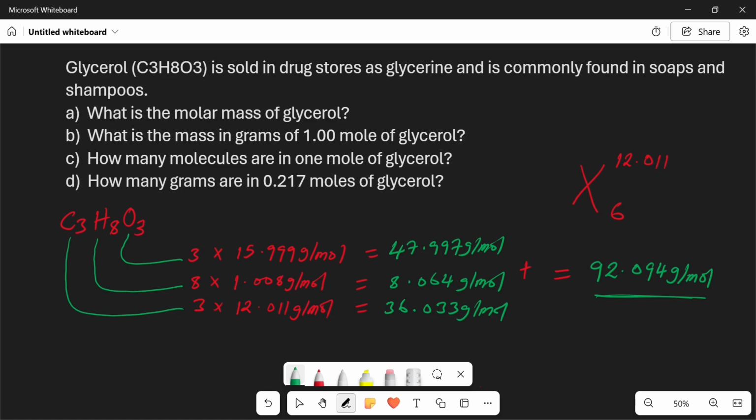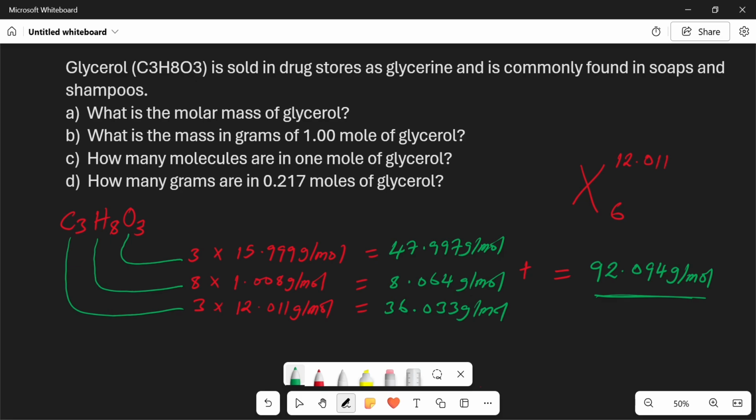So 1 mole of each substance, whether a compound, an element, or any other substance, has a mass that is equal to its molar mass. In other words, 1 mole of any substance will have its mass in grams equal to its molar mass.